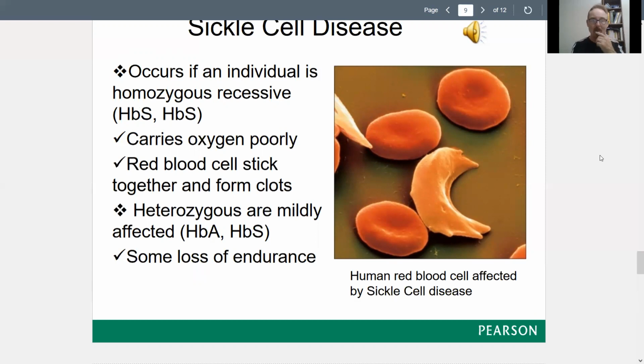die of malaria. Okay? Now, if your cell sickles, if it actually has an S variety and it sickles down, the Plasmodium, the malaria parasite, cannot enter the red blood cell. Now, here's the thing. It can't even enter the red blood cell if you just inherit one recessive allele.